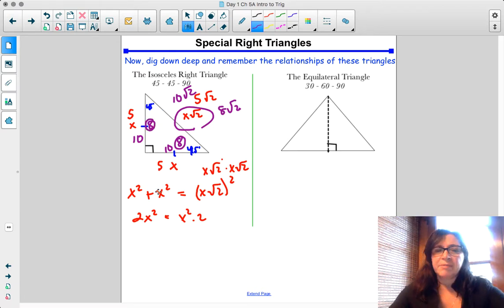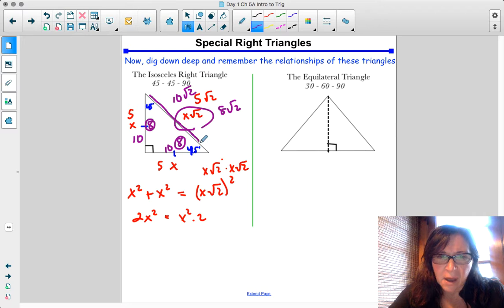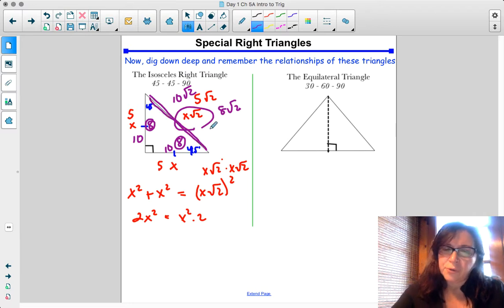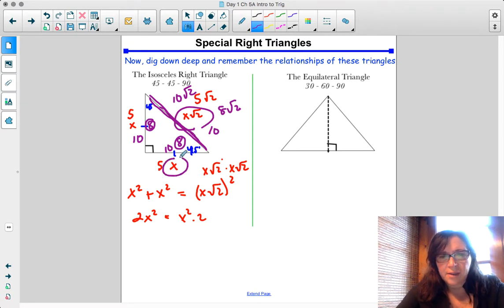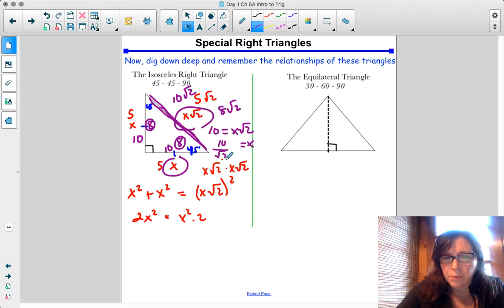Now, the problem comes in when you have this side, and it's not in x root 2 form. Let's say this third side here is 10. Well, how do you find the other side? What you would do is take 10 and set it equal to x root 2. Then x is equal to 10 divided by root 2.